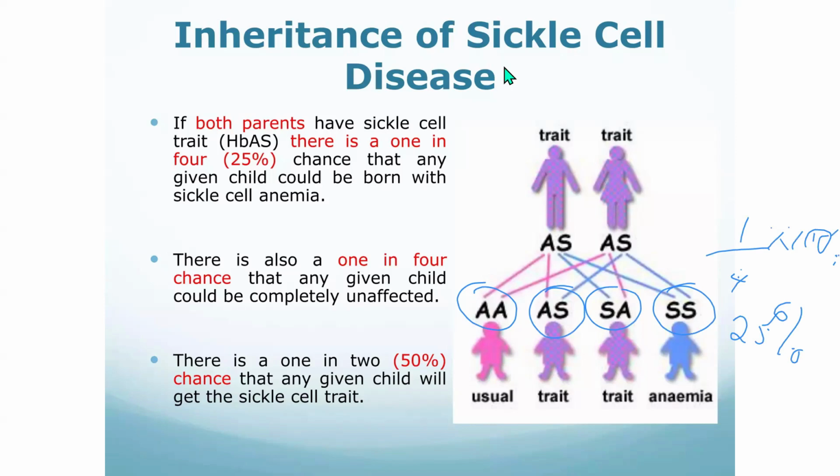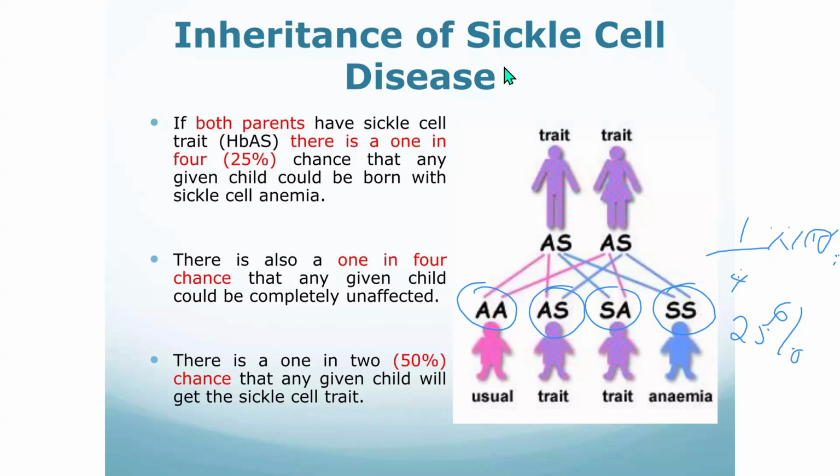And there is also a one in four chance that a child will be completely unaffected, and there is a 1 in 2, 50% chance that any given child will get the sickle cell trait.